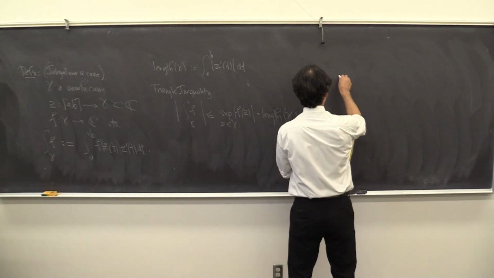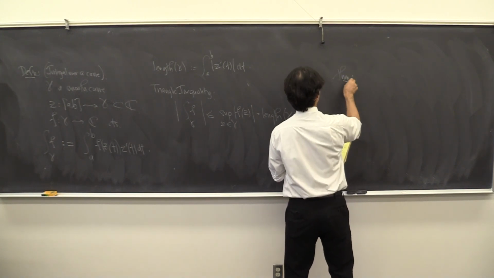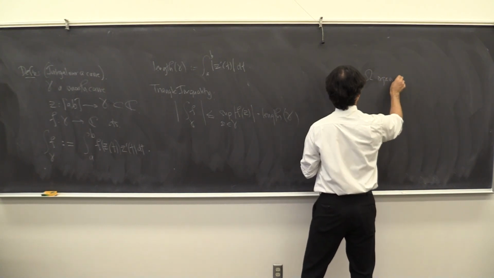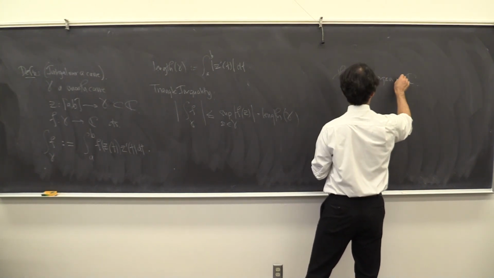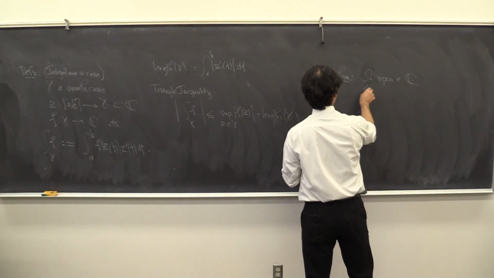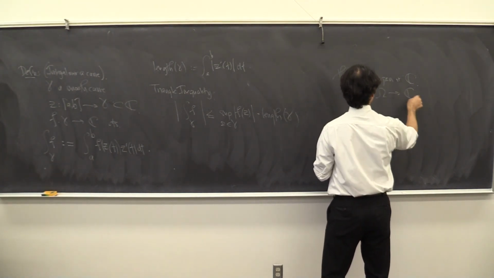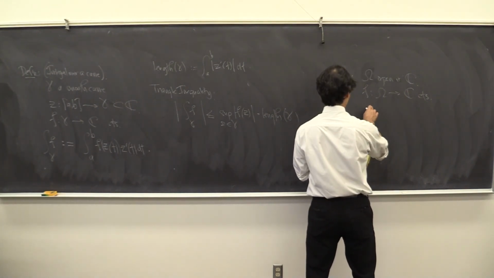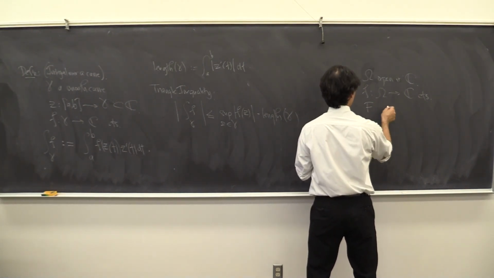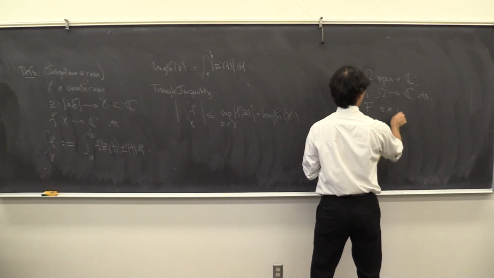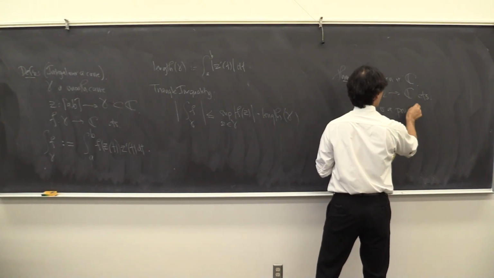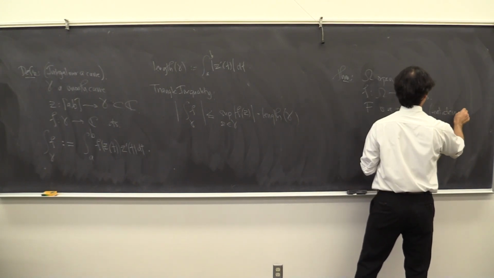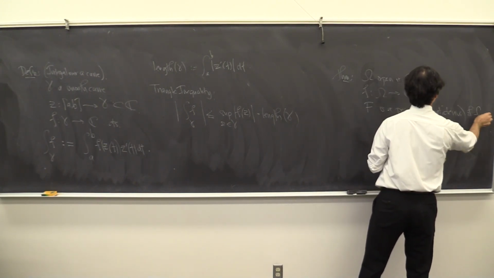So if you have an open set omega and a function that's continuous on omega, and that function has a primitive, that's to say an antiderivative, little f.